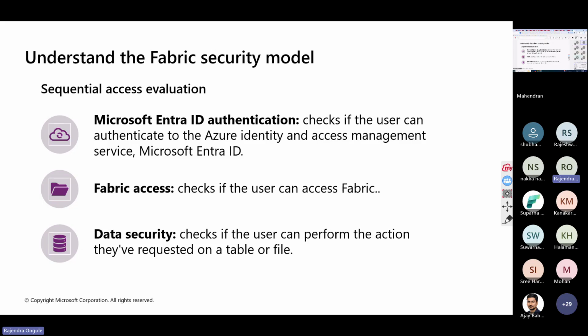Data security: if you want to perform a specific action on a table, it is all based on the security, right? RLS, column level, object level security control. So we have to cross verify the data security too, like read access, read data access, read all. These are the terminologies we will see in the security controls while defining the security models in Microsoft Fabric.